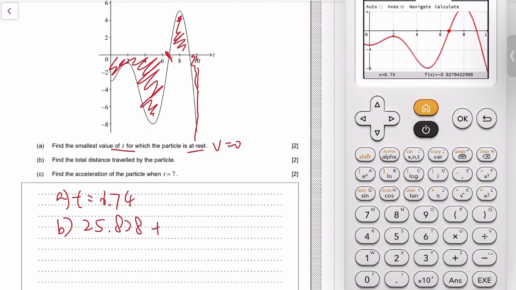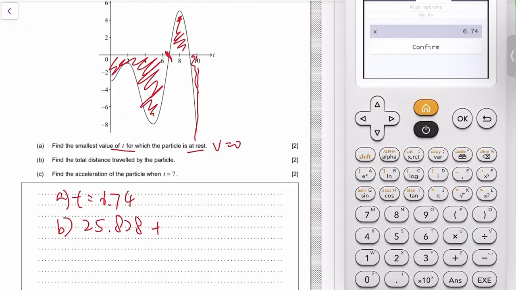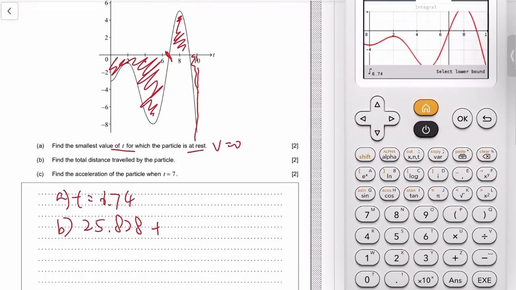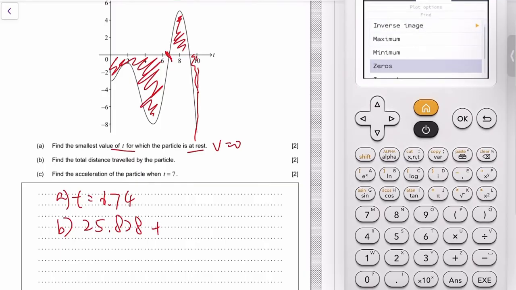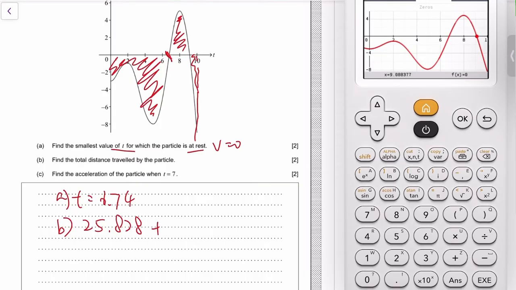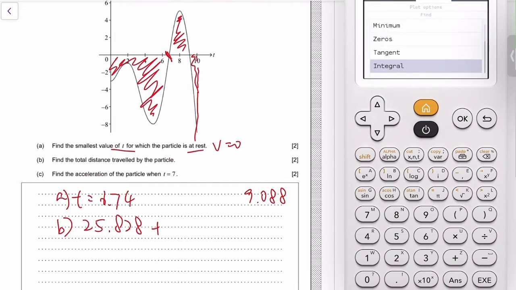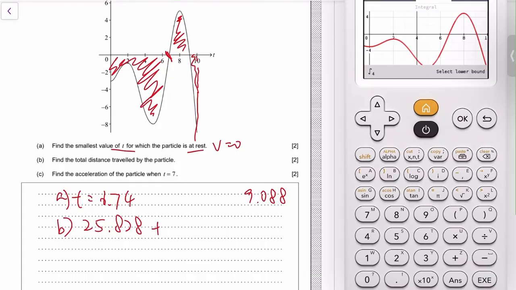Then next we'll do it again. Find integral. This time we start from 6.74 to the next intercept, which I didn't find. Maybe I should find it first. Find the second x-intercept, which is 9.088. Okay, so do that again. Integral from 6.74 to 9.088.